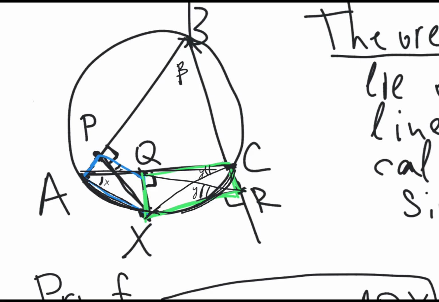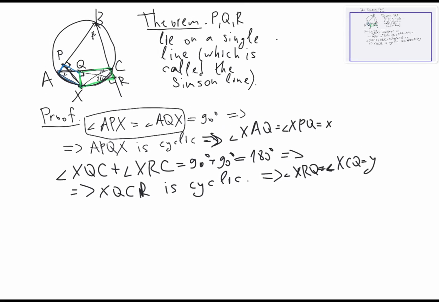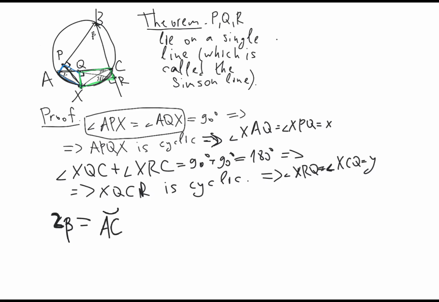So 2 beta is equal to the arc AC, because beta is an inscribed angle that subtends this arc AC.